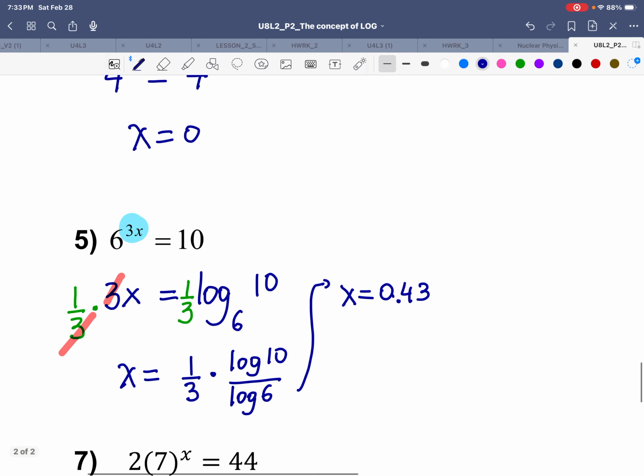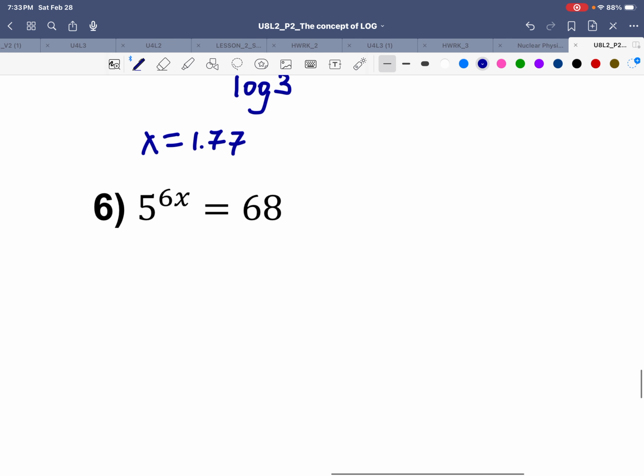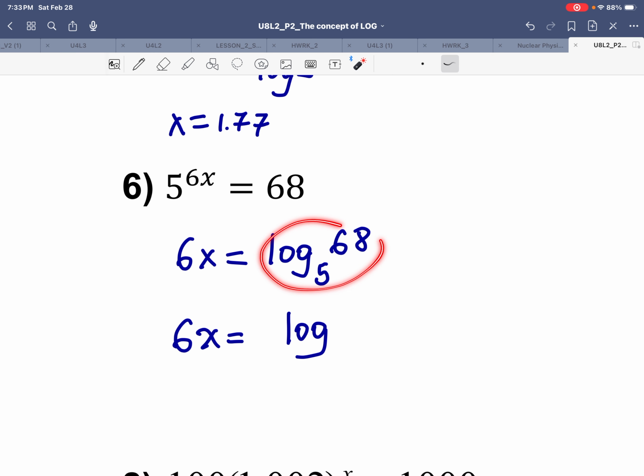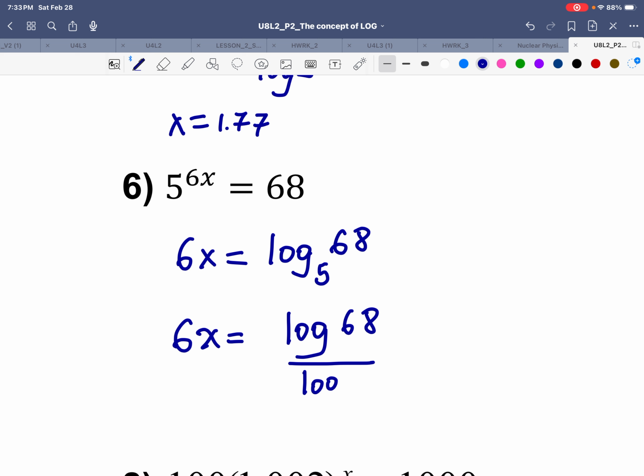Okay, so now moving on to the next example. It's very similar to what we just did. So we have 6x equals log with base 5 of 68. And when you practice frequently enough, you will notice that you won't even want to write this step. You can simply write log of 68 over log of 5, and skipping this step is totally fine.